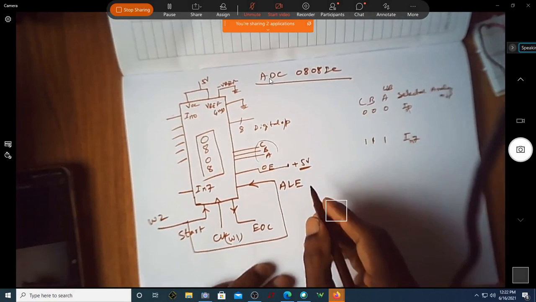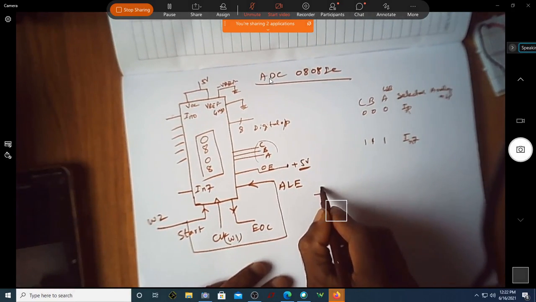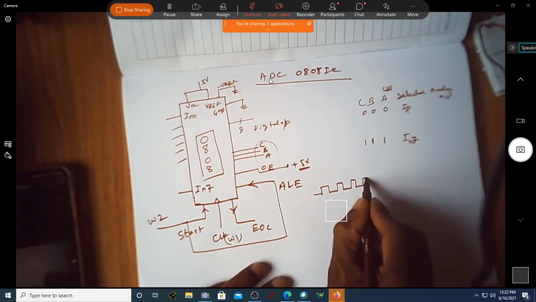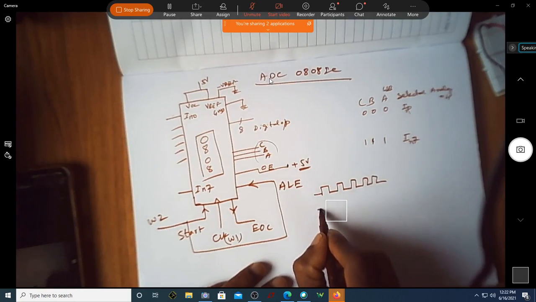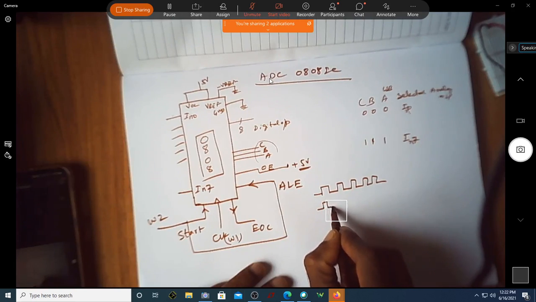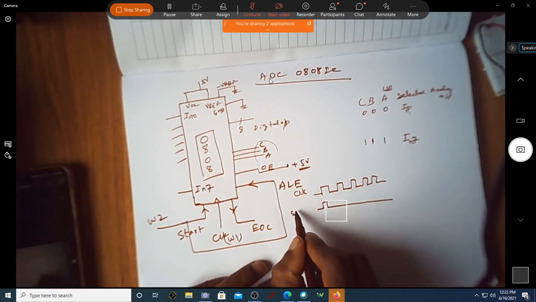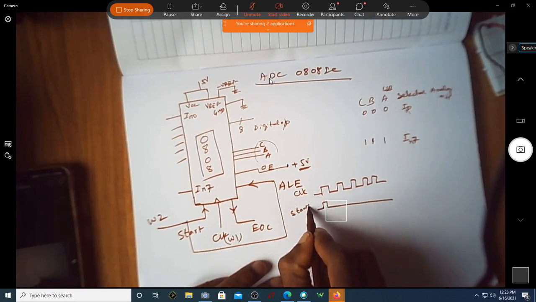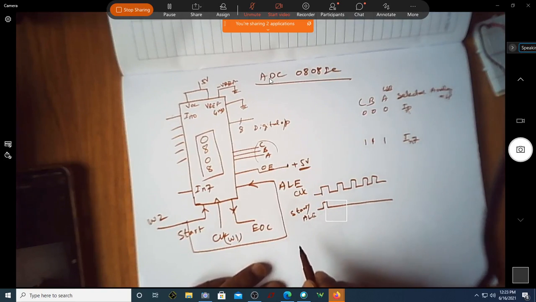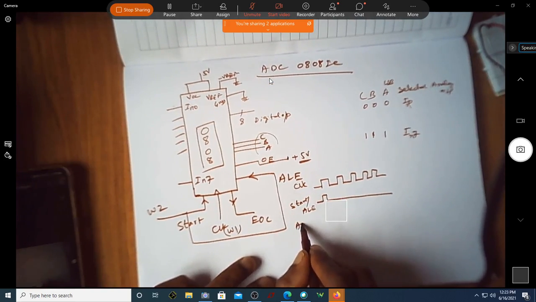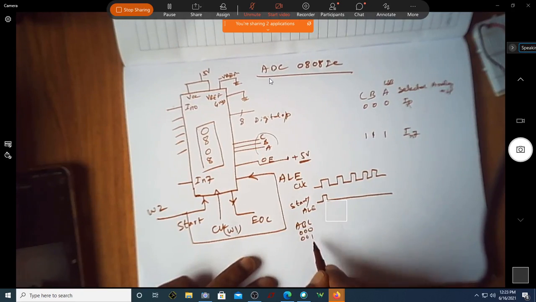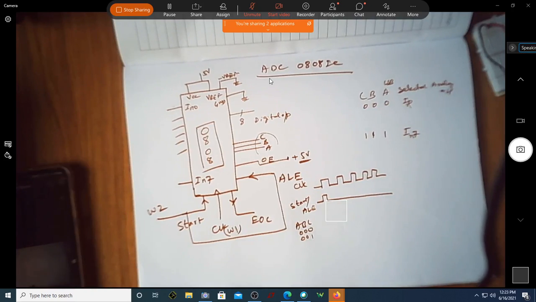Okay. Now let us consider this is my clock, and I'll give a start of conversion like this. This is your clock. This is the start and ALE line, correct? And I'll have ABC. It can be 000, it can be 001, or it can be anything. Fine.